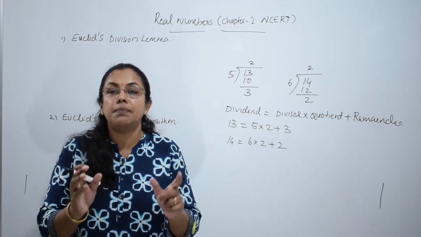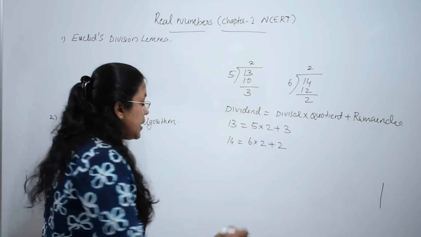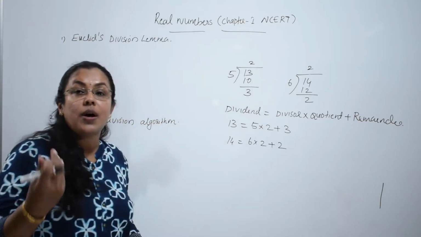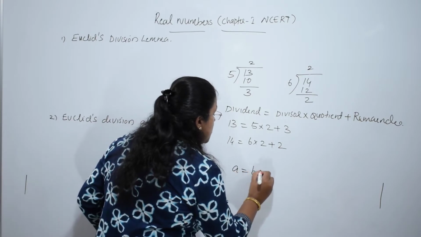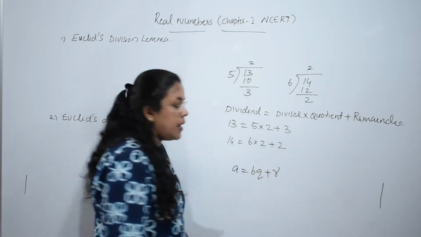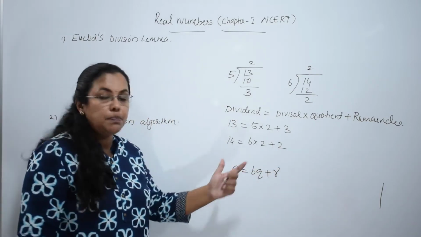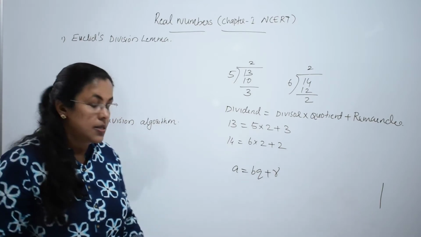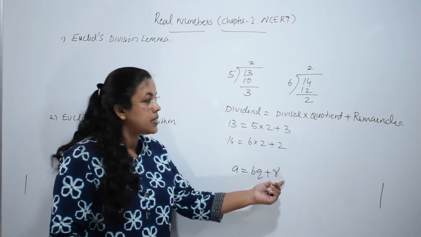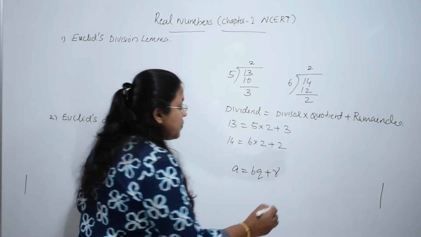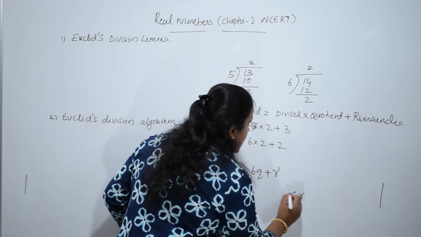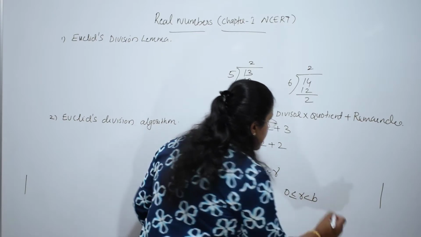Let a and b be two positive integers. Then there exist q and r such that a is equal to bq plus r, where 0 less than or equal to r less than b.